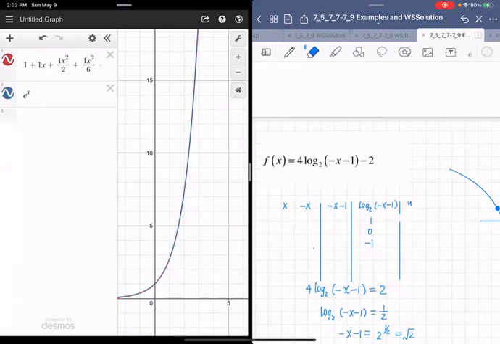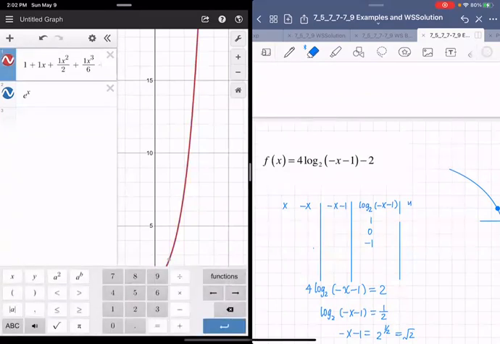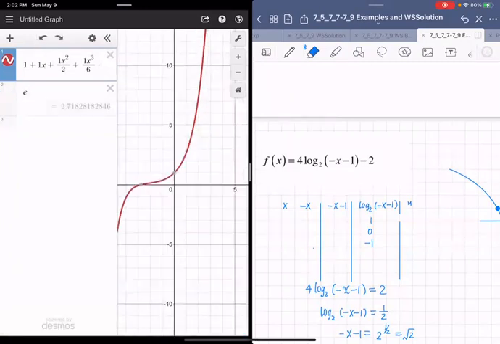The first polynomial is the Maclaurin series of e to the power x. And how do we get e? If we make x equal to 1, this is 2.718.